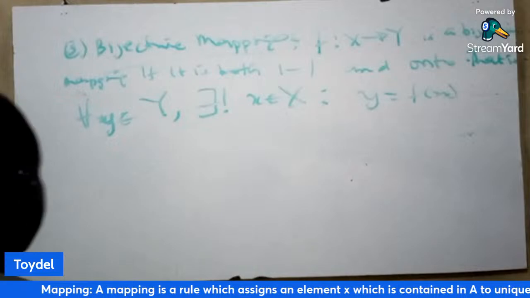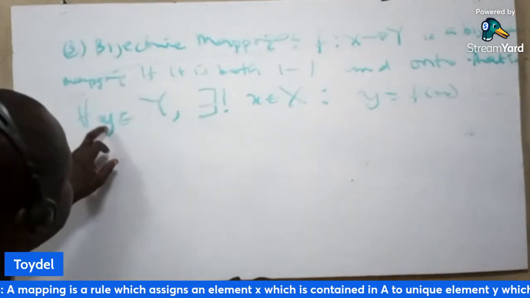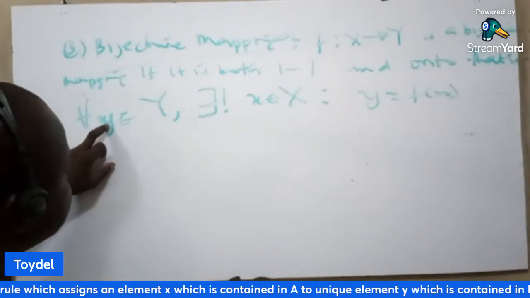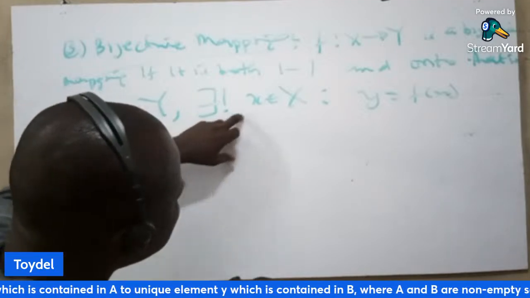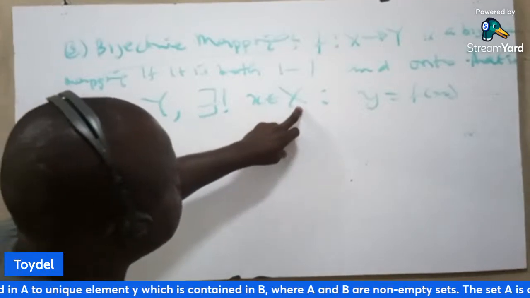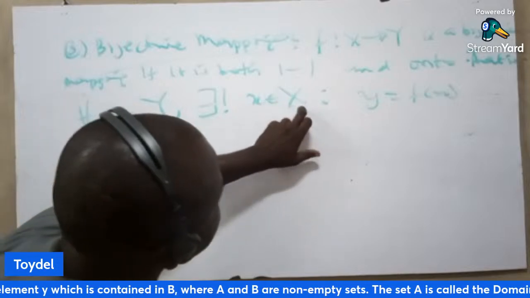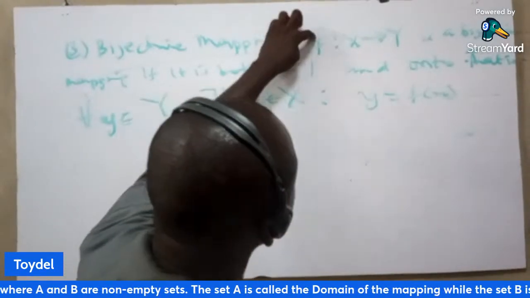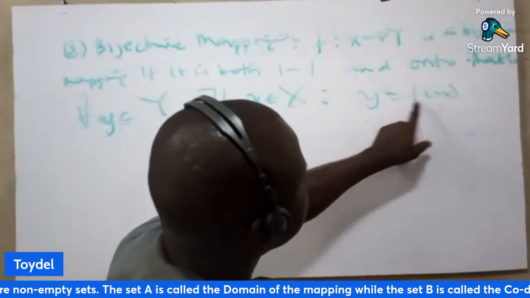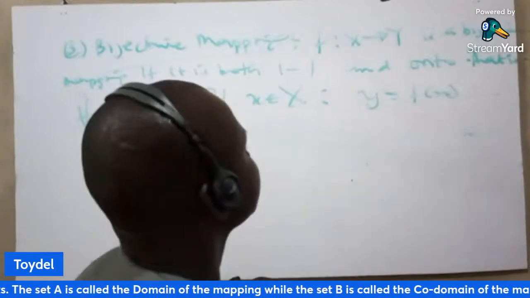This is what we are trying to say: that for every element in the image, there exists a unique element X in the domain. Then this relation must be unique. Every Y must give us F of X.